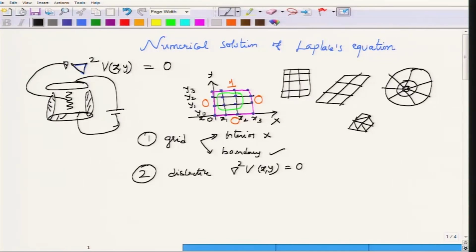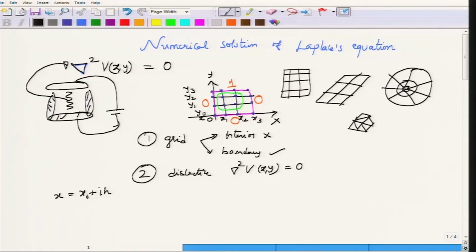Now, every point on the grid can be represented by a 2-dimensional array, where x takes on values of x0 plus i into h, h being the separation between the grid points. So, h is x1 minus x0, or x2 minus x1, or x3 minus x2.